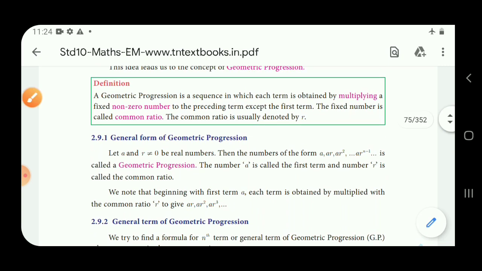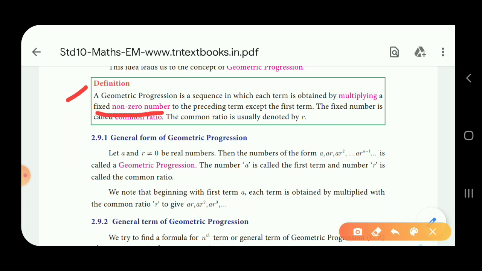The definition: a geometric progression is a sequence in which each term is obtained by multiplying a fixed non-zero number to the preceding term, except the first term.